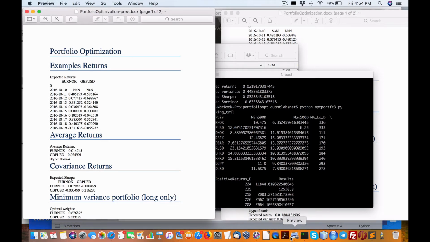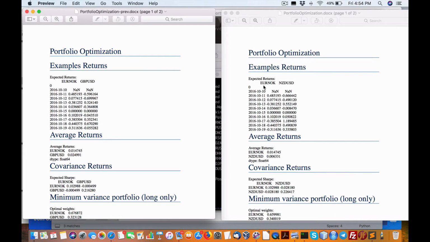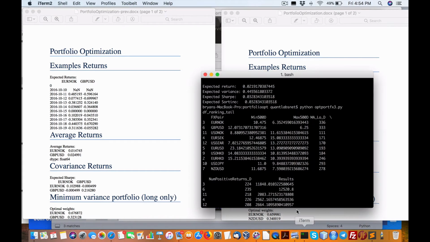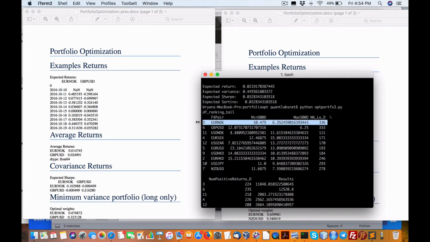And then we also have another one comparing the Euro Norwegian kroner, the best, and the lowest, the New Zealand US dollar, as I just showed. So we're showing the rankings here on the left for the portfolio optimization on the expected return, and we're also doing a comparison of the Euro Norwegian kroner against the worst.